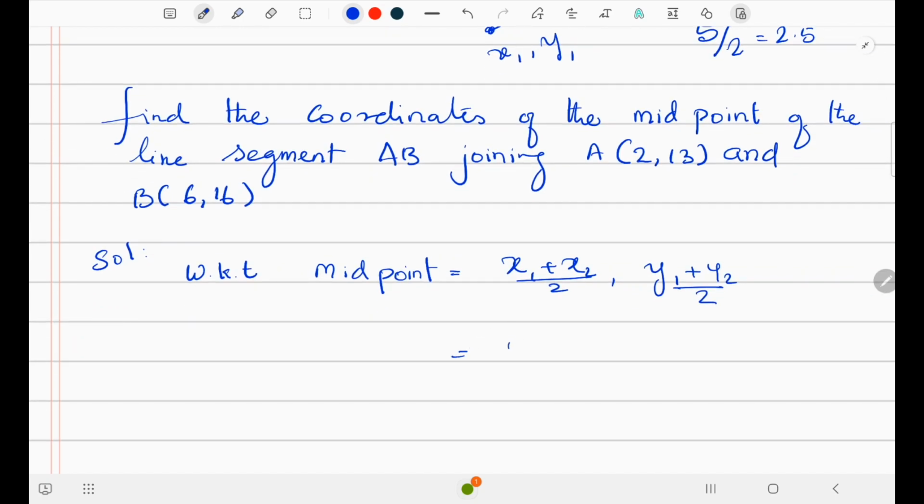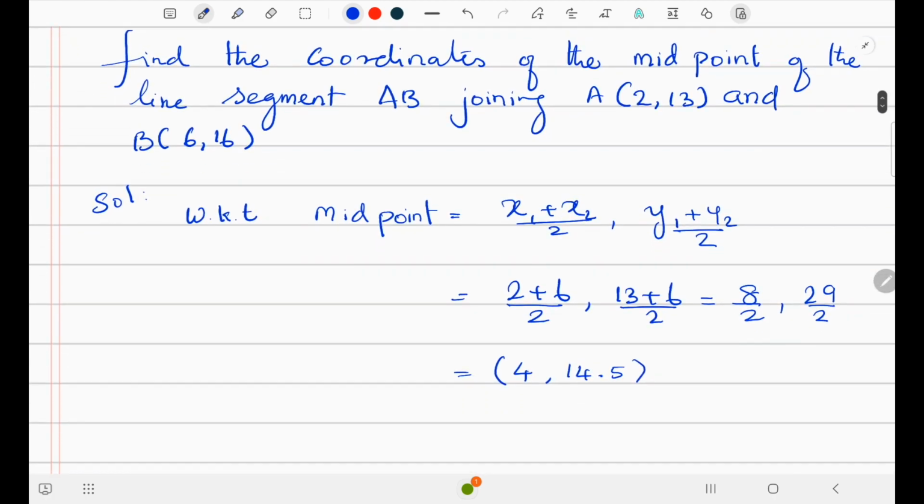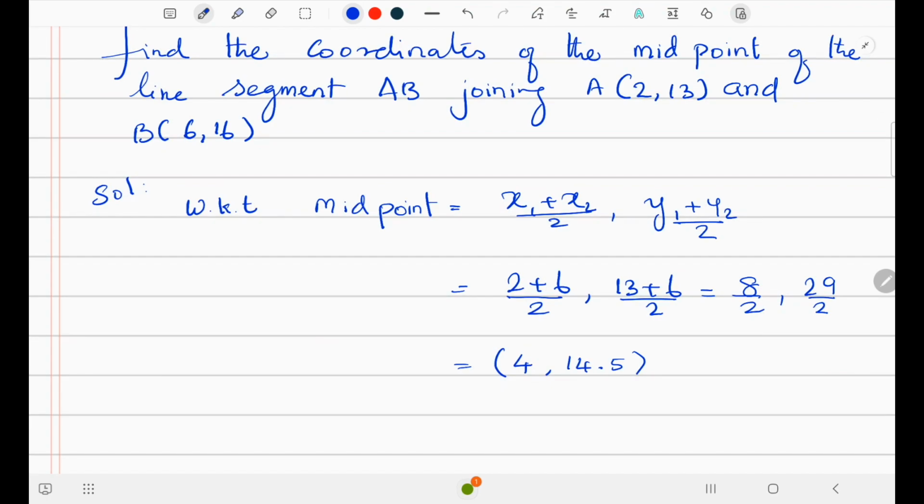We get 2 plus 6, x1 is 2, x2 is 6, divided by 2 comma 13 plus 16, y1 and y2, divided by 2, which equals 8 by 2 comma 29 by 2. Simplify, 8 by 2 is 4, so the midpoint is 4 comma 29 by 2, 14.5. So this is how we find the midpoint.